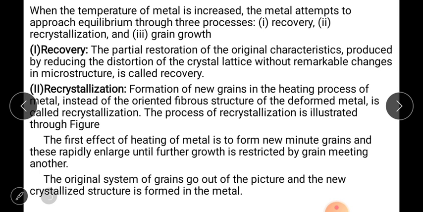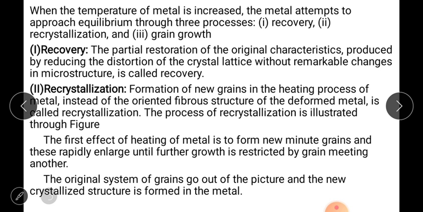Now we pour the molten metal into the sand mold. After the solidification of the metal, we remove the casting by breaking the sand mold. Now recovery, recrystallization and grain growth we will study when we pour the molten metal into the mold cavity, up to the solidification of the molten metal.